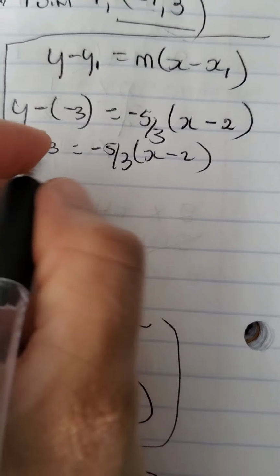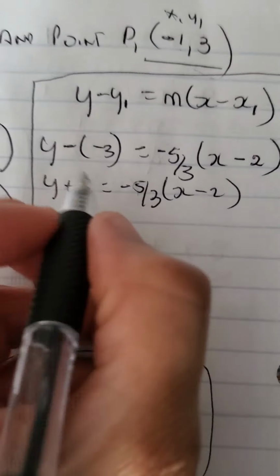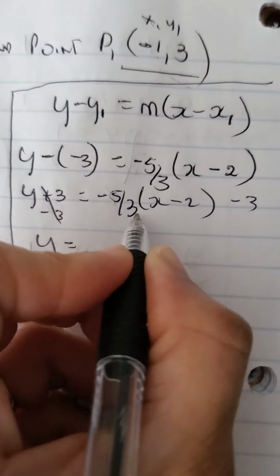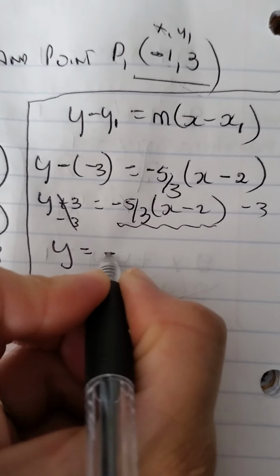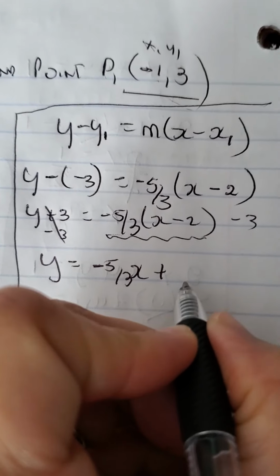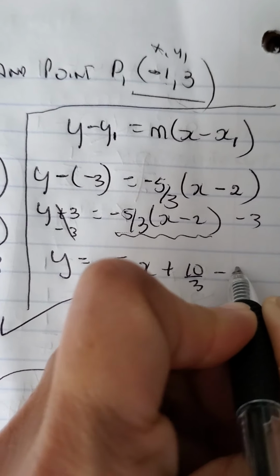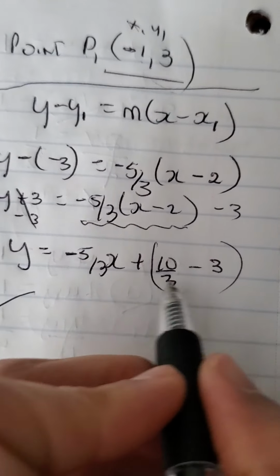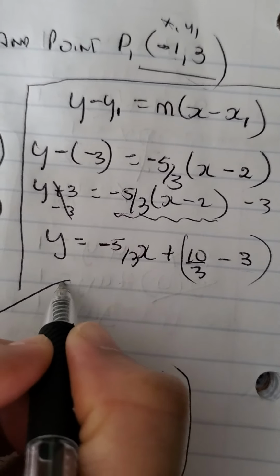I'm going to distribute. And let's just cut to the chase, okay? I'm going to subtract the 3 in advance just for the sake of space. I'm going to distribute my 5/3 x plus, because that's 2 positive, that's 10 over 3 minus 3. I'm going to find an LCM so I could combine these like terms, which are constants.